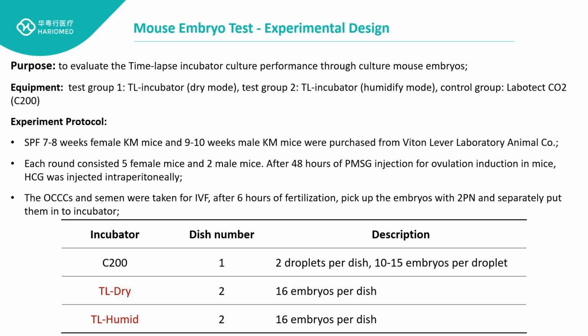For two test groups, 2 dishes with full 16 embryos were put into the incubator respectively, and the 301 dish were put in C200 for control, with 2 droplets, 10 to 15 embryos per droplet. The experiment was repeated 5 times and all data have been collected and analyzed on the next page.